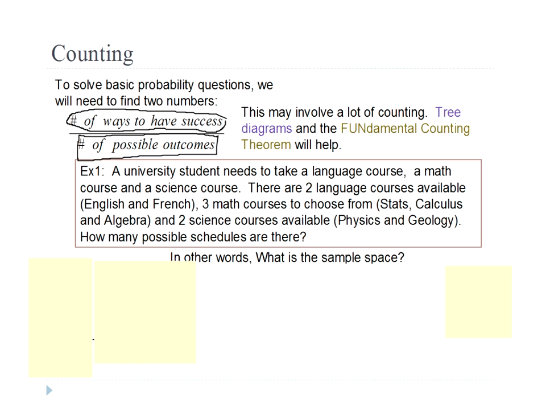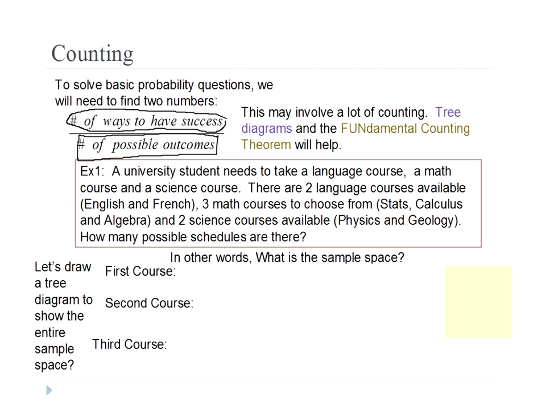So we can draw a tree diagram to help us with this. The first course, what I can have here is an English or a French. And the second course, if I take an English, my second course could be stats, calculus, or algebra.